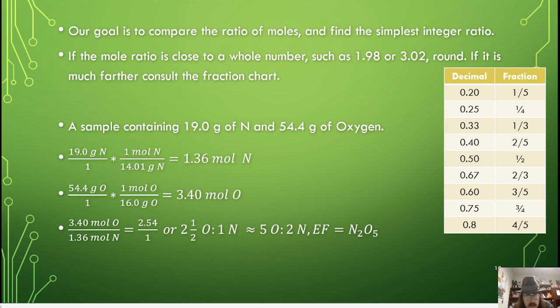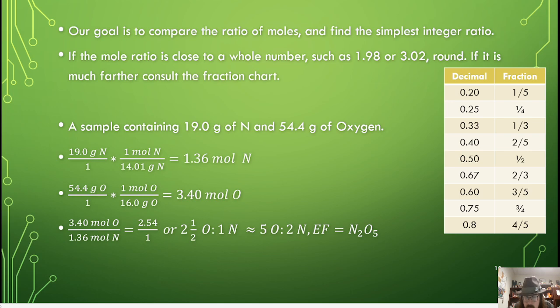Do the same with oxygen, 54.4 grams of oxygen. Divide that by 16, you get 3.4. Now the ratio is 1.36 to 3.4, which if you simplify is 1 to 2.54. I'm going to say that is 1 to 2.5.